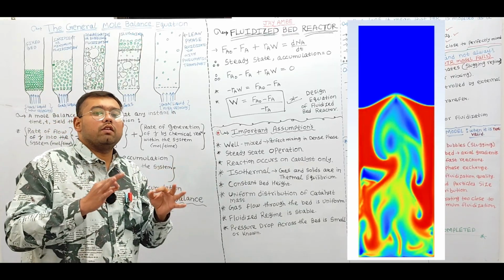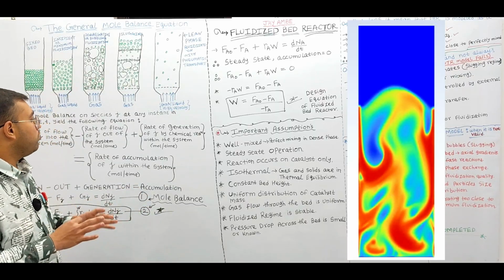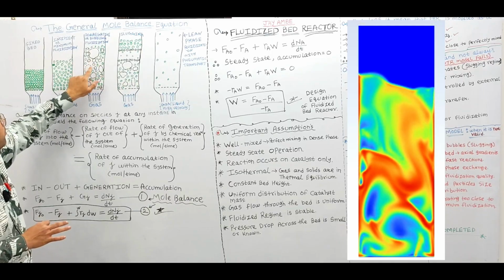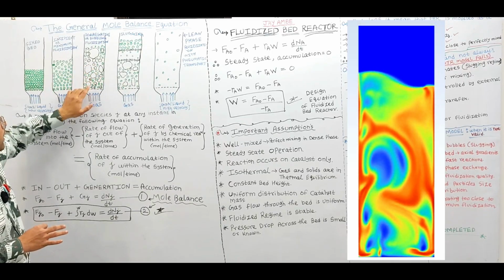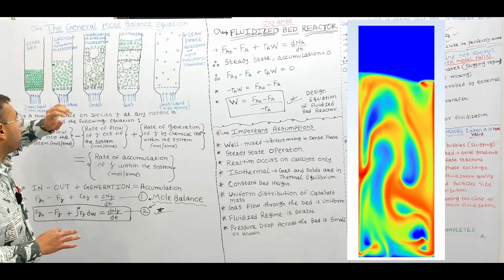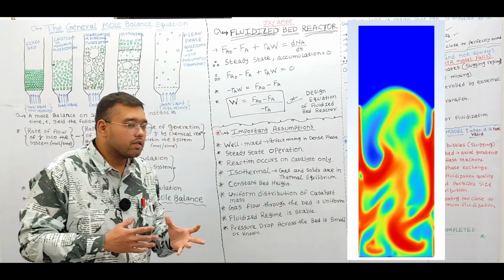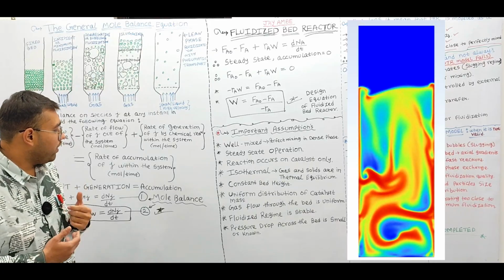So we need to ensure the temperature is uniform throughout every position with respect to the length and volume of the fluidized bed reactor, right? So we need to ensure thermal equilibrium of the gas and solid phase in the fluidized bed reactor.